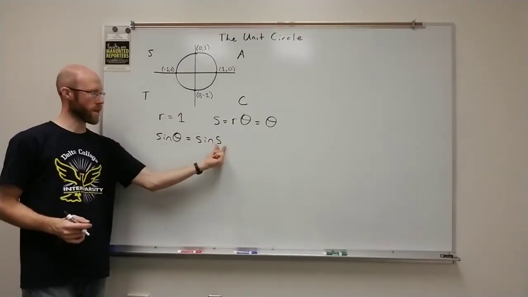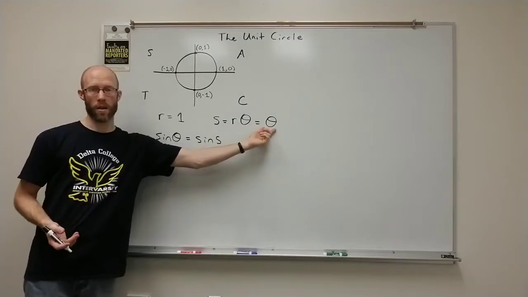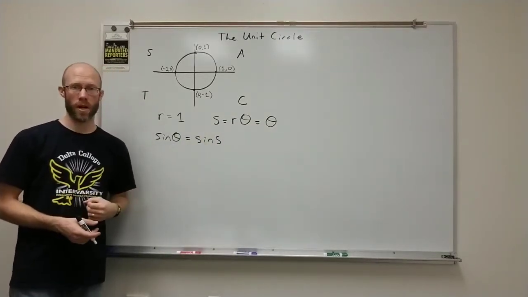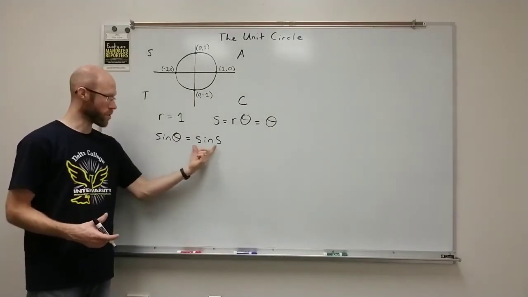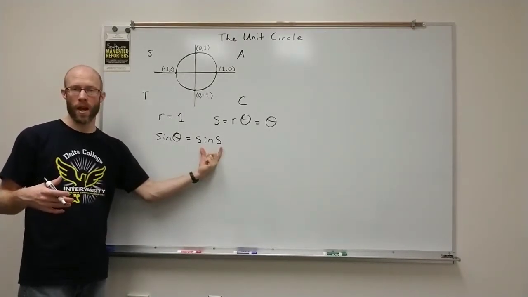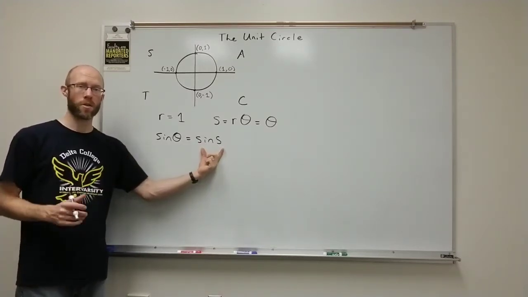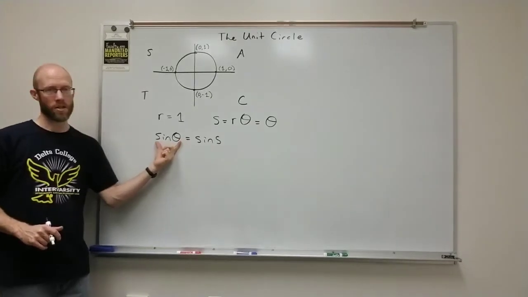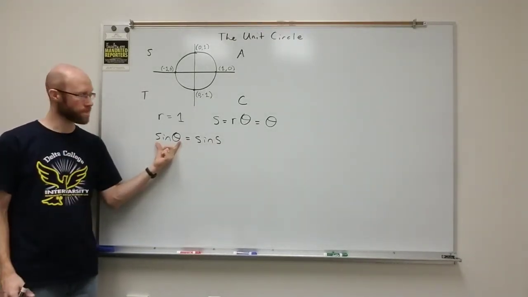The sine of the angle and the sine of the arc length are the same, because the angle and the arc length are equal to each other when the radius is 1. Your textbook and my math lab will use these interchangeably now, at least when we deal with unit circle applications. When we're dealing with anything other than the unit circle, we'll be looking at the sine of theta, okay, which is more of an angle representation.